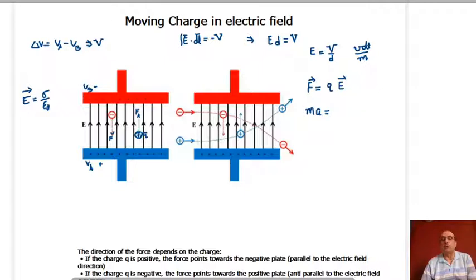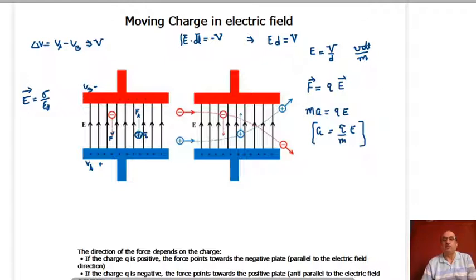We know force is equal to mass into acceleration. So m into a is equal to q into E, or acceleration is equal to q by m into E. Hence, when a moving charge enters parallel to the electric field, it will accelerate at QE by M.